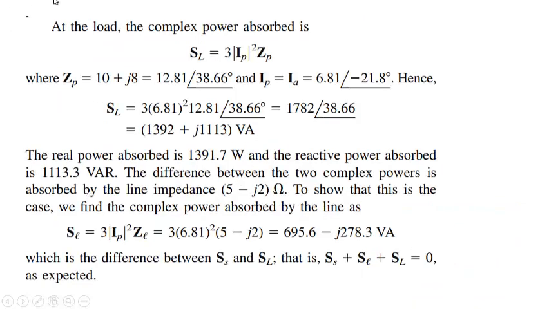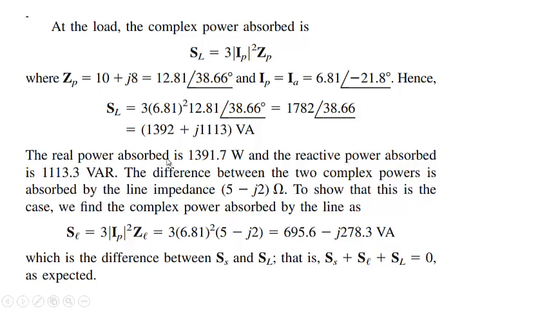So at the load end, SL is equal to 3 times IP square into ZP. So ZP is this, that is the load side, not the line side. So this comes out to be this, IP is this. You can multiply this, you will get this value. So this is the amount of real power absorbed by the load, and this is the amount of reactive power absorbed by the load.